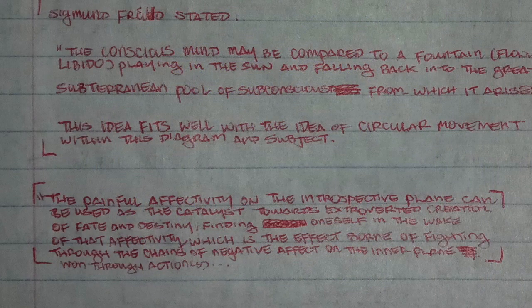And I wrote this last note here, and then we're going to get into the main lecture. The painful affectivity on the introspective plane can be used as the catalyst towards extroverted creation of fate and destiny, finding oneself in the wake of that affectivity, which is the effect born of fighting through the chains of negative affect on the inner plane, through action or actions.